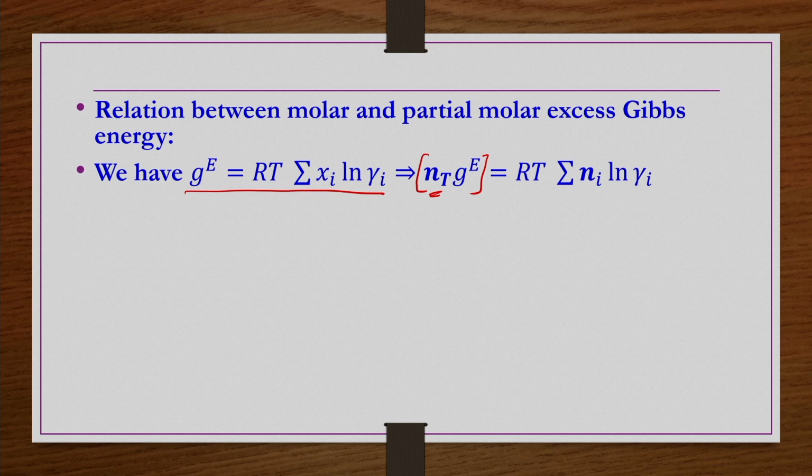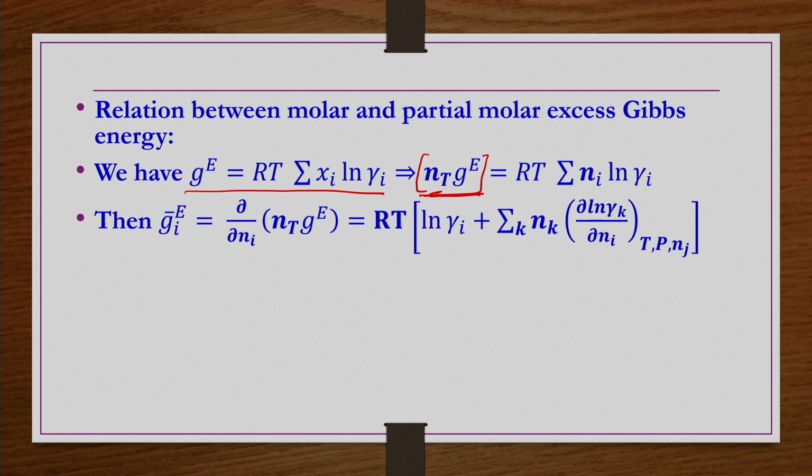Now, if you wanted to know G_i bar E, what do you have to do? You have to partially differentiate this n_T G^E with respect to n_i. Then you will get G_i bar E is equal to dou by dou n_i of n_T G^E. So, if you partially differentiate this part with respect to n_i, RT is common, and dou by dou n_i of sigma n_i is nothing but 1.